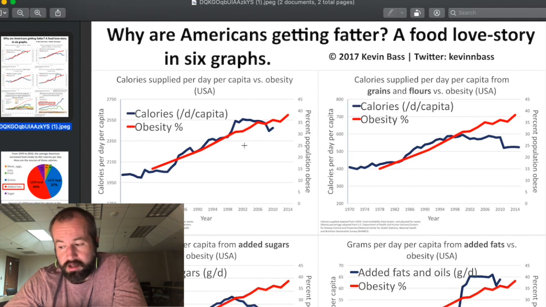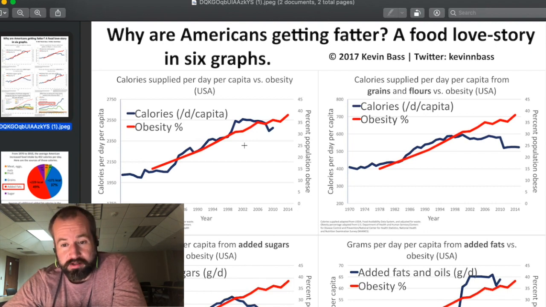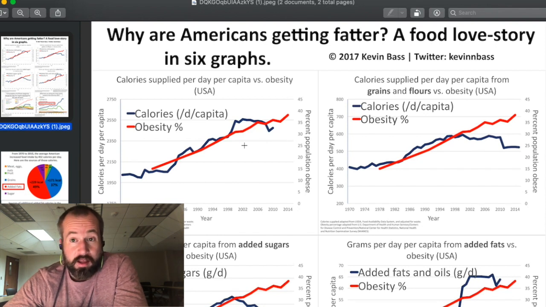But nonetheless, with that caveat aside, and that should be a part of our interpretation, food availability data gives a lot of really important information. And therefore, we're going to analyze it to determine why Americans are getting fatter in a food love story in 6 graphs. And to start, we're going to talk about the calorie supply per capita versus obesity.